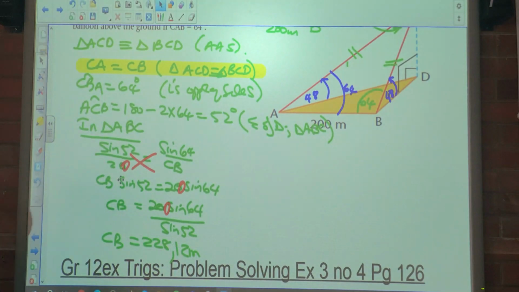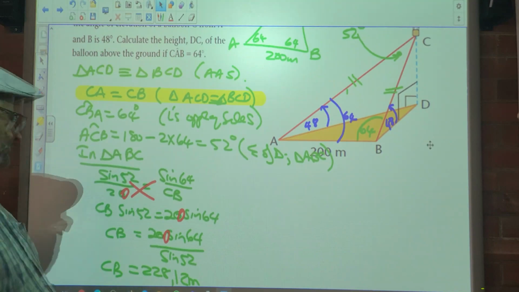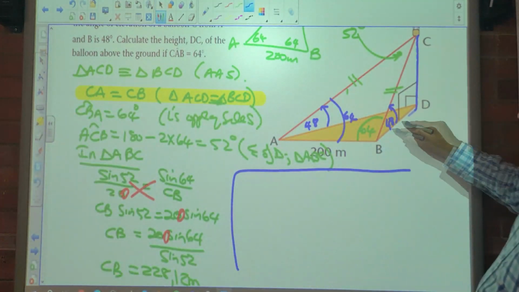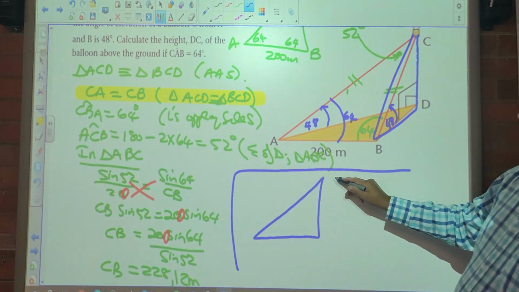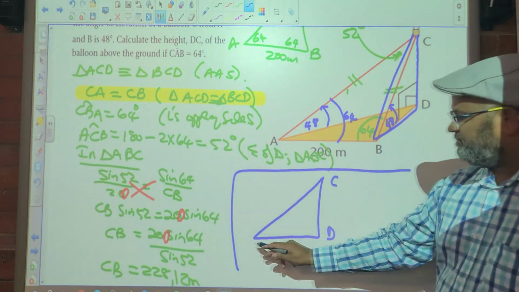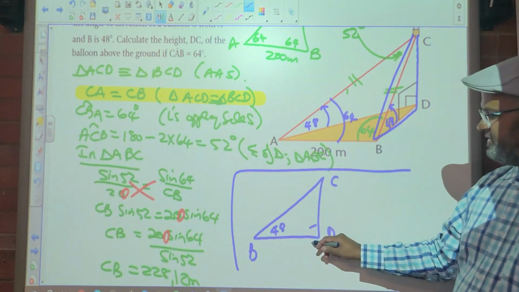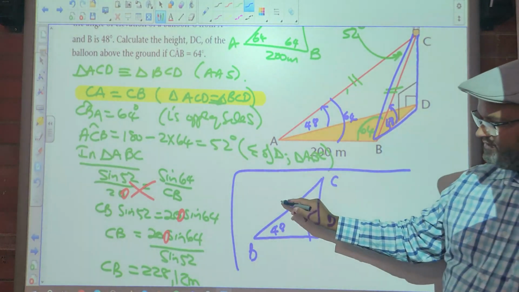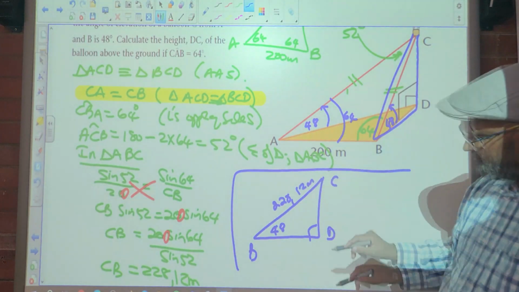No, the question was to calculate CD. So we will have a triangle looking like this. This is the triangle I'm drawing now. So that's CD, B, 48. This is 90, and we worked out CB to be 228,12.